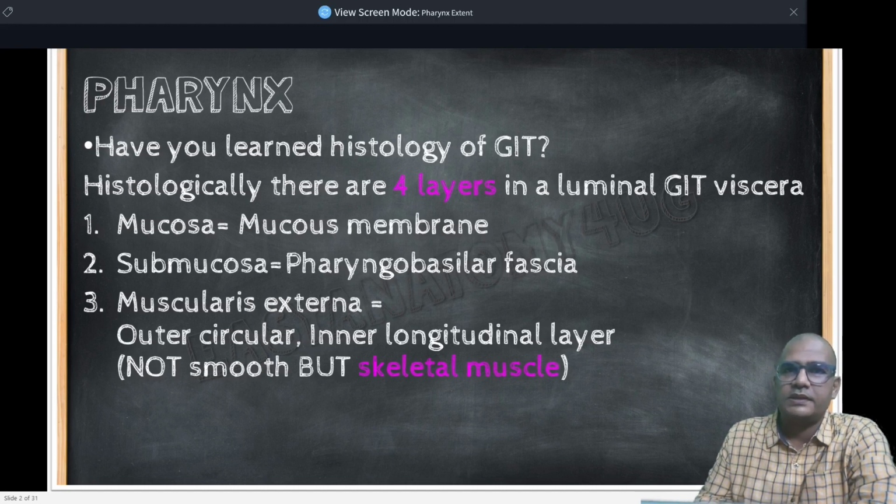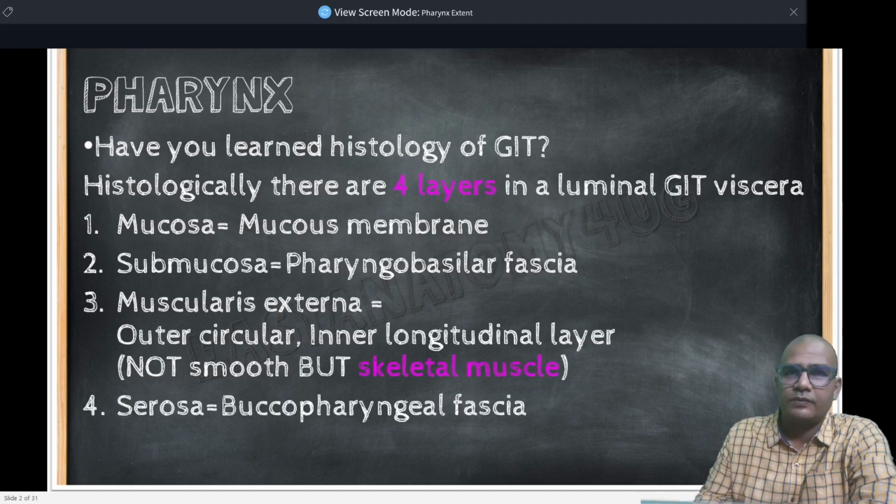Remember, it is skeletal muscle, not smooth muscle. Then we have serosa, which is in the form of buccopharyngeal fascia. So this is a side-by-side comparison of four layers of any GIT luminal tube with the pharynx.